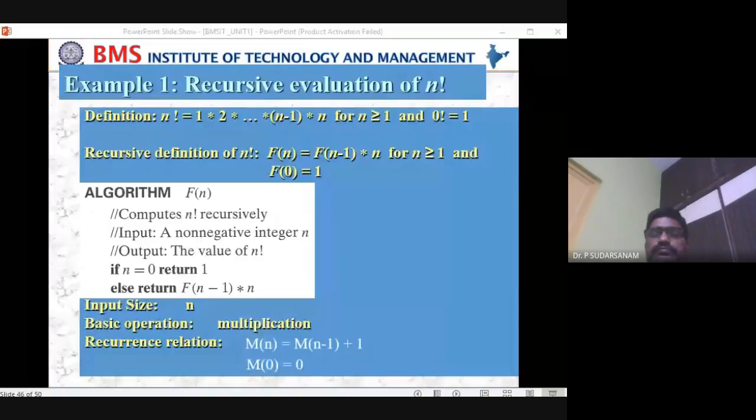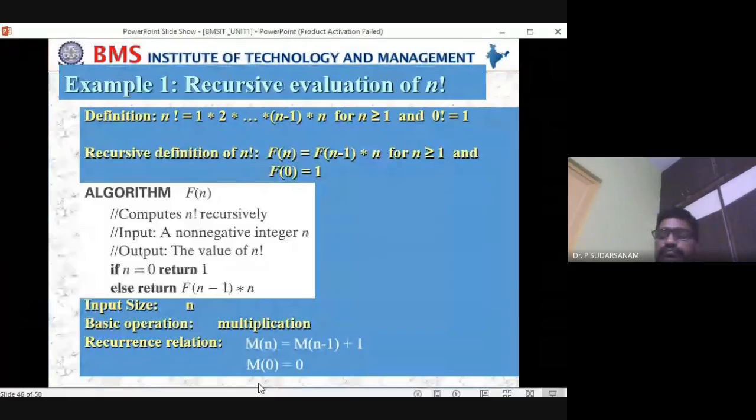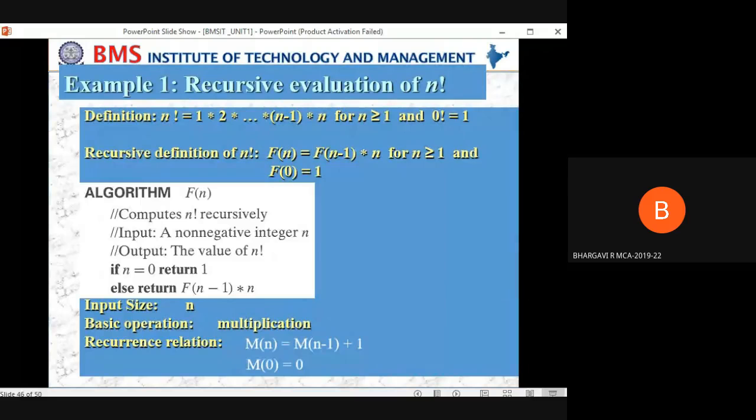Register number 6. 7, present, sir. 8, present, sir. 9. 10. 11, present, sir. Who is there, 11 or 10?